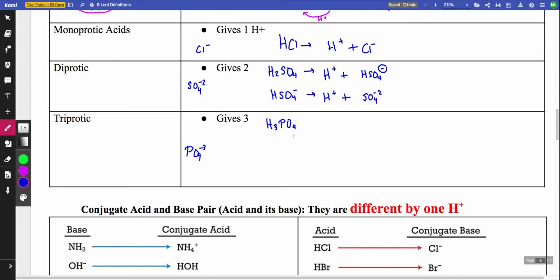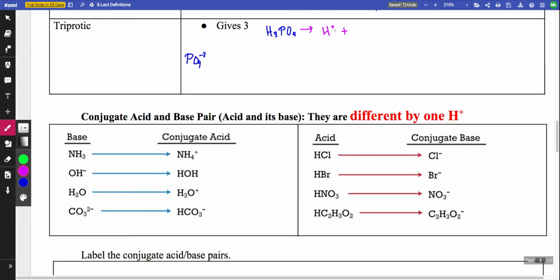Pause this video as you write the 3 equations for the deprotonation of phosphoric acid. So the first one will give 1 H, and you will get H2PO4-.